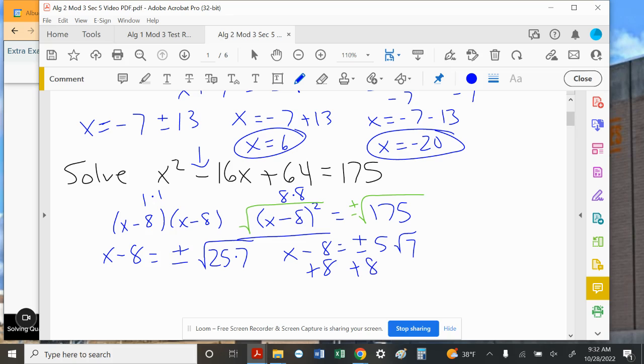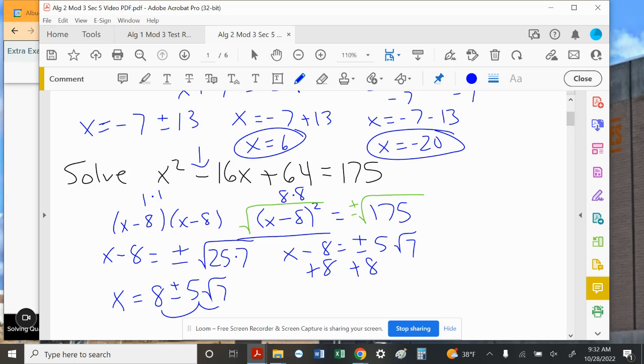I don't really care. And now we have x equals 8 plus or minus, the plus or minus always goes next, 5 square root of 7. Of course, I cannot combine those together because multiplication always comes first, which is that part.